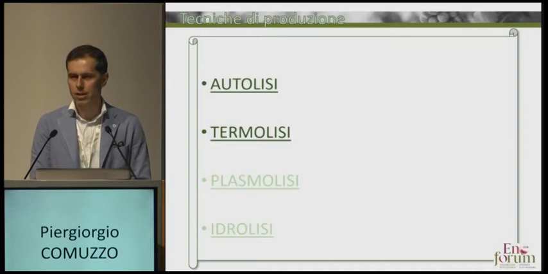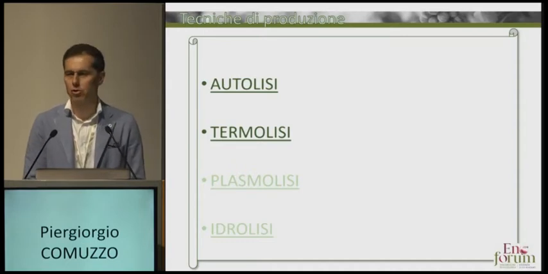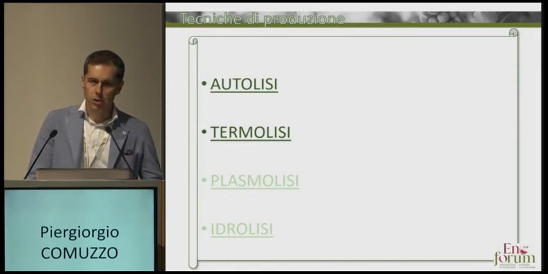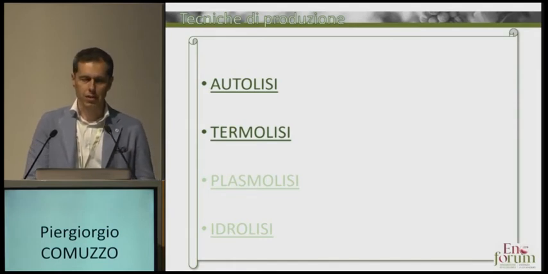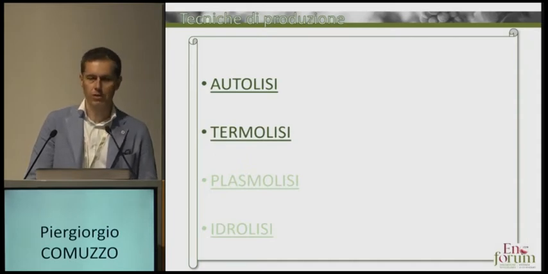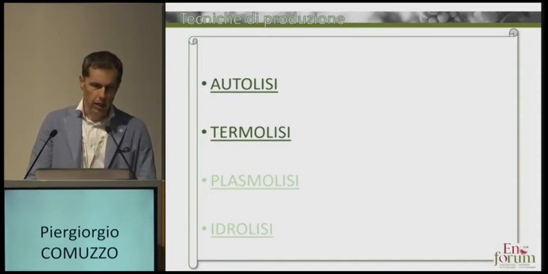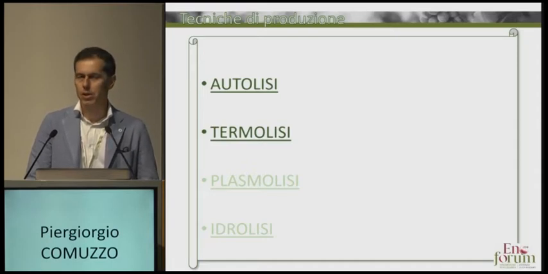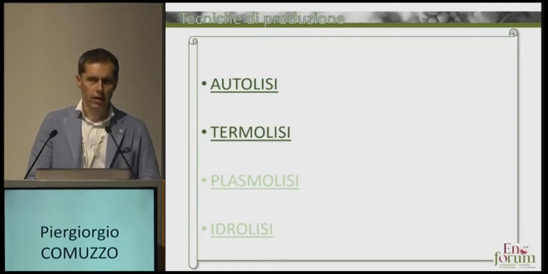You start from a yeast that is multiplied in aerobiosis, for instance, in the bead, and at the end this mass is undergoing autolysis, after which they are dehydrated with various methods in order to obtain the commercial powders.